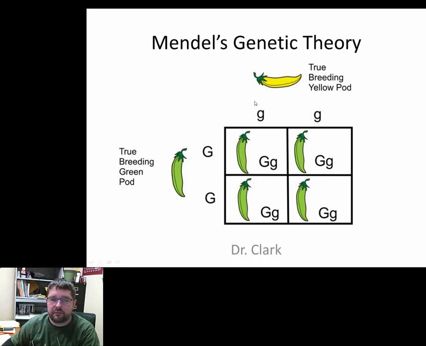That would mean that if the female produces two ovas, both ovas have the possibility to pass on the true breeding yellow pod.